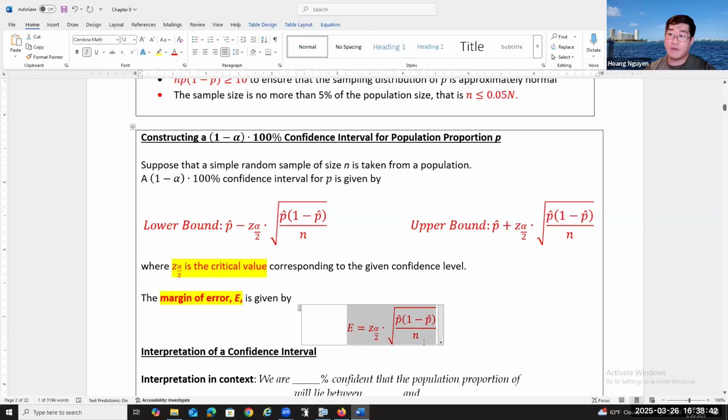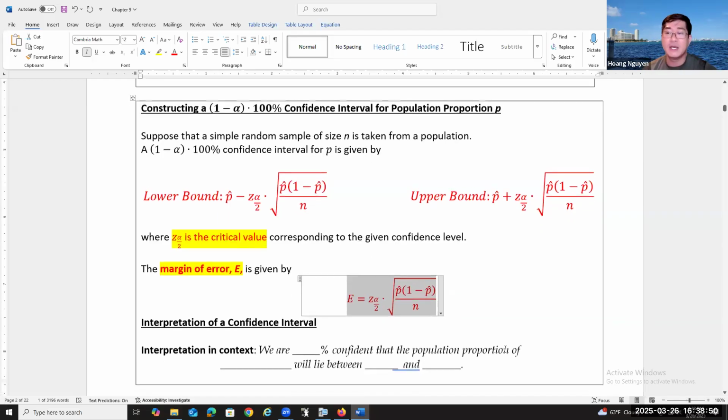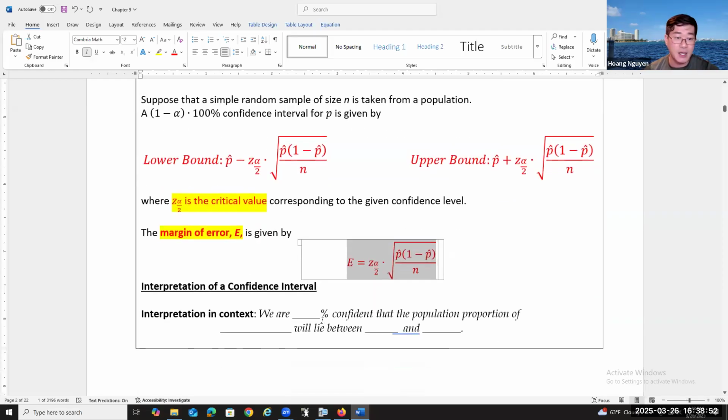After we get the answer for the lower bound and the upper bound, you might need to interpret the answer, right? What do the lower and upper bounds mean in the context of the application? We use this format to interpret the confidence interval. You fill in the percentage right here: we are 90%, we are 99%, we are 95% confident that the population proportion of some variable will lie between the lower bound and the upper bound.